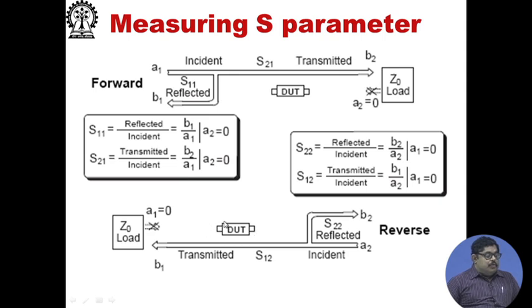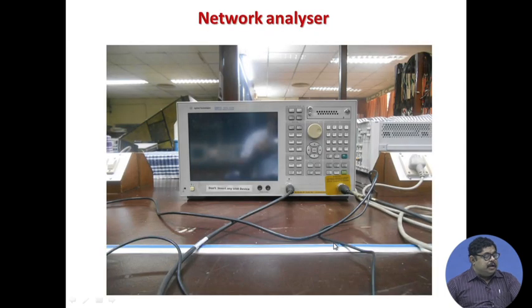In one case we put A2 equal to 0, that means match terminate this, find out these quantities, then you reverse the thing, put the excitation in the second port, put the match load here and then find out.